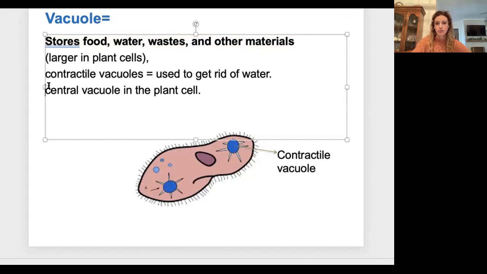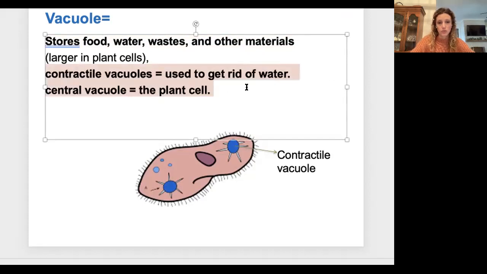So let me erase this. Okay, so this is what I also want you to write. So that central vacuole, it looks like a jelly bean. You'll know what I mean by that in just a minute, but go ahead and write that down.